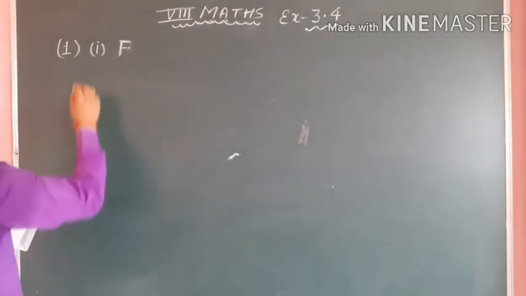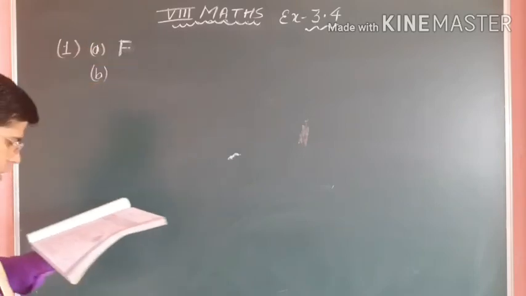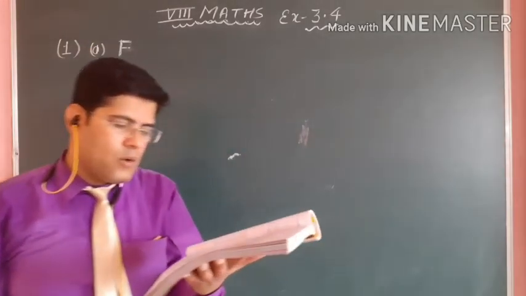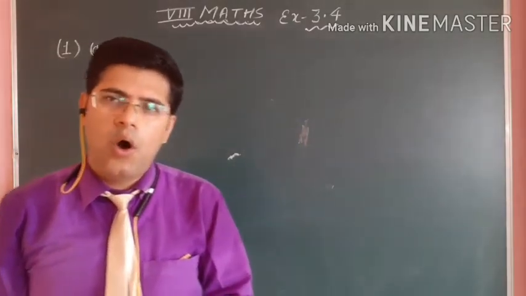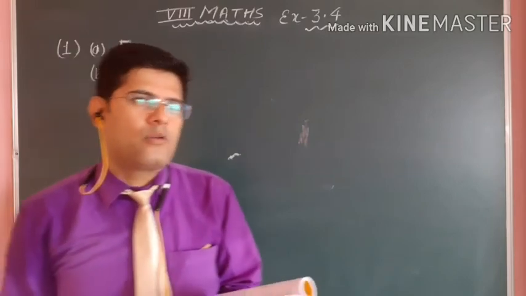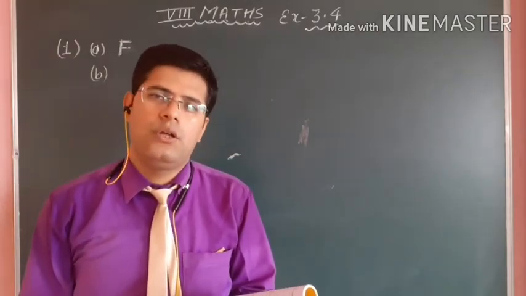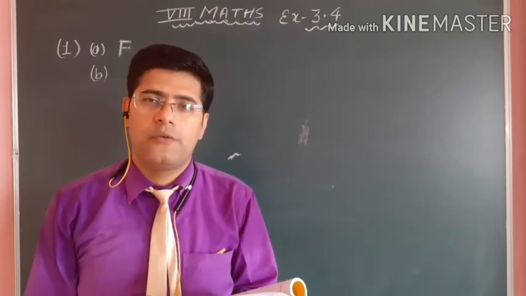Now the B part. All rhombuses are parallelograms. Yes, all rhombuses are parallelograms, because a rhombus has the properties of a parallelogram. I told you a rhombus is a special kind of parallelogram.